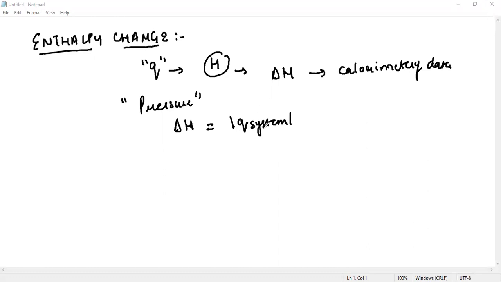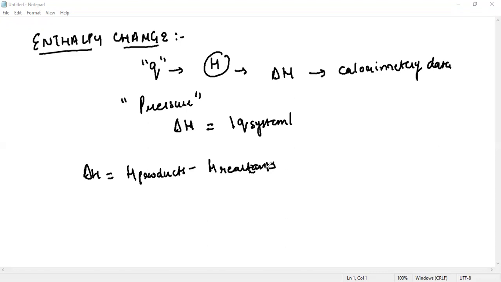You already know the Q value. So for a chemical reaction, the delta H value is given by the equation delta H is equal to H products minus H reactants.